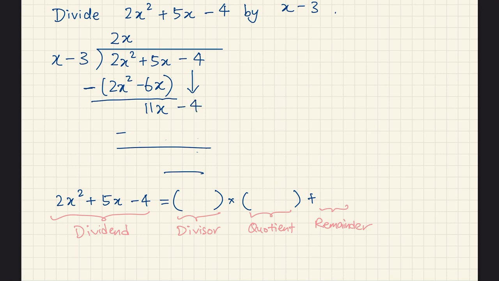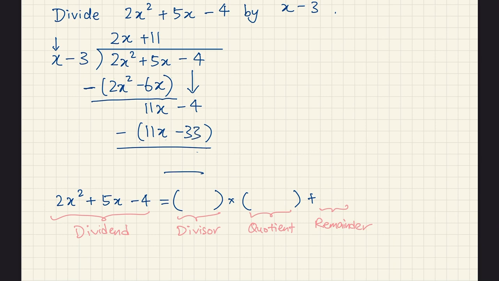Next we continue to consider how to remove the 11x. In order to remove the 11x, I'm going to multiply x with 11, and so I'll get 11x. From there, 11 times negative 3 gives us minus 33 inside the bracket.